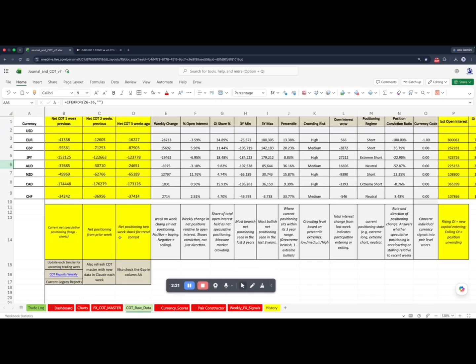The COT raw data is exactly the same as the last version, with the exception of one look-back window, which I'll just show you in just a moment. We still look at net COT, which is the previous week. Remember, as I said, the COT report is delayed. It comes out on a Tuesday, end of day trading, I think in New York time.